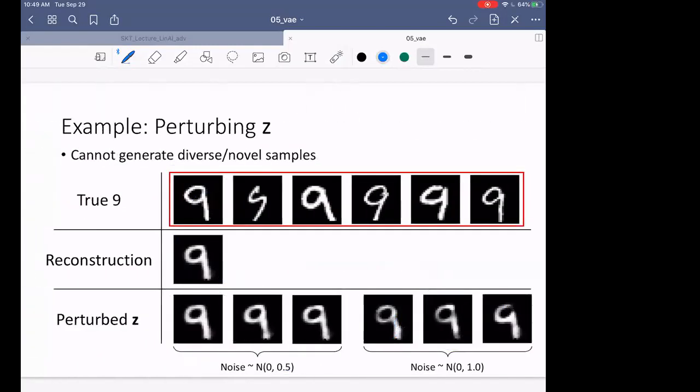So we're not actually generating different kinds of 9s. This is all true images of different 9s, and our perturbed examples here and here, none of them are truly different images. None of them are really novel. So I would say that perturbing your Z gives you a limited choice of outcomes, basically.